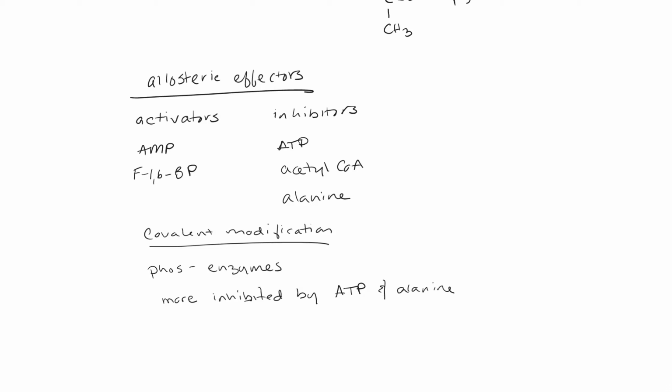And it's going to have a higher Km for PEP, which is the substrate. Meaning that under normal physiological levels, it's not going to be active because it's not going to be binding the substrate.